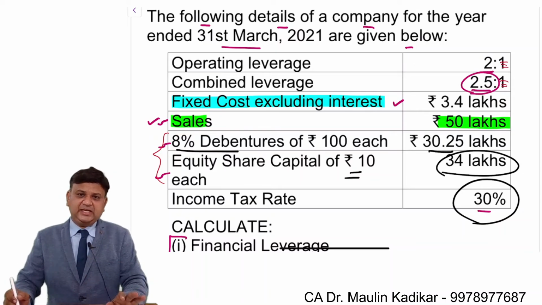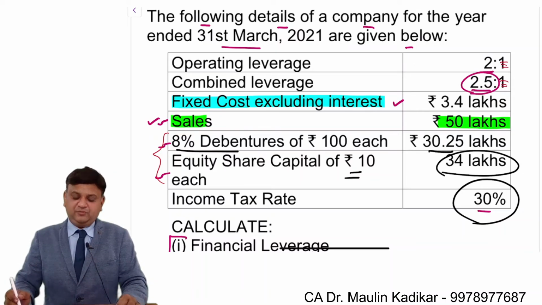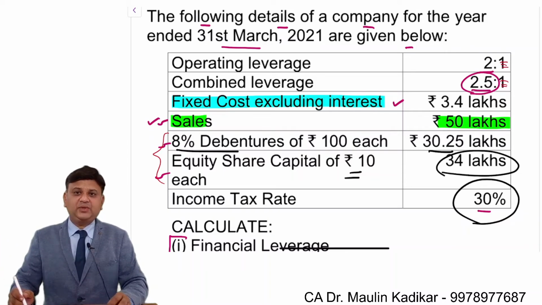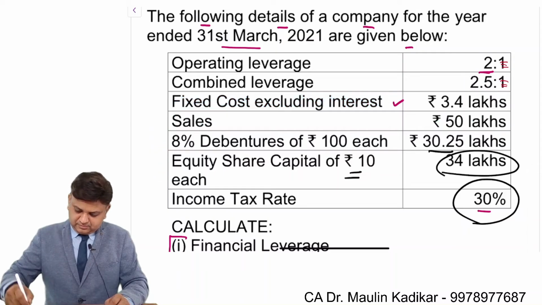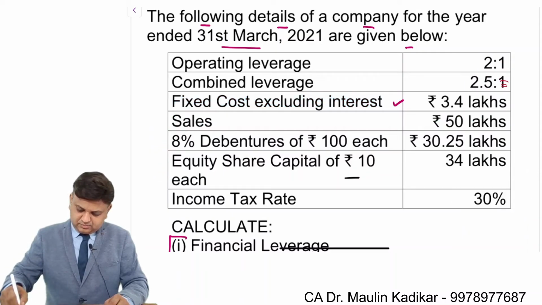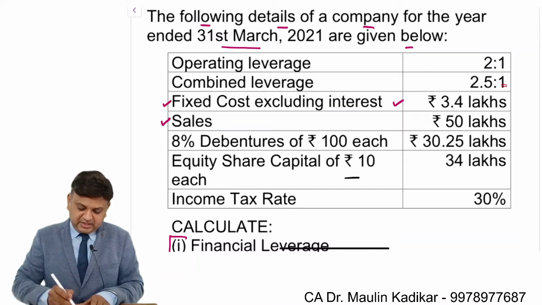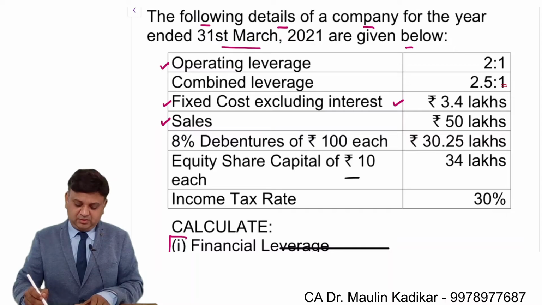I am not dictating that answer to you, otherwise it will amount to more confusion. See what happens over here. The question is providing the information regarding sales, regarding fixed cost, regarding operating leverage.